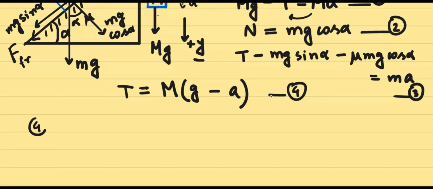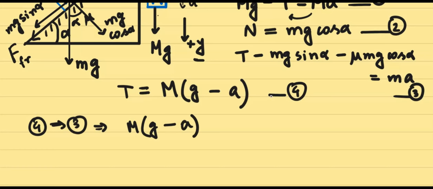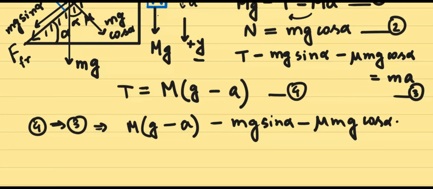If we substitute that into equation 3, what we find is M times g minus a, minus mg sine of alpha, minus mu mg cosine of alpha, equals ma. So of course we have a negative Ma, and I can take it to the other side.